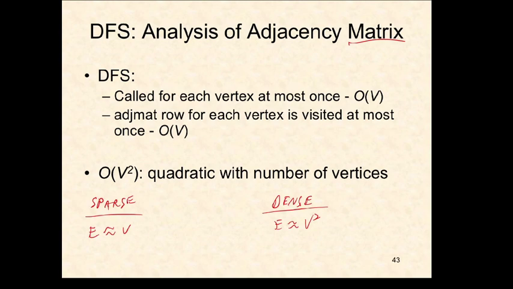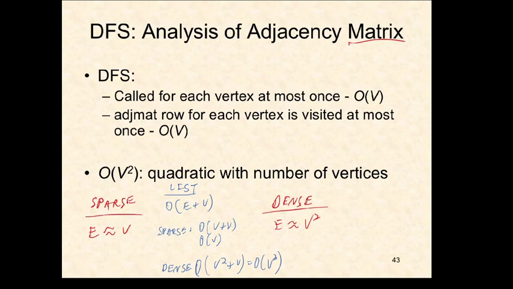If we do the adjacency list, remember the adjacency list was O of E plus V, which with a sparse graph would be O of, well, E is proportional to V, V plus V, which is O of V. But if I did it with a dense graph, that would be O of V squared plus V, which is equal to O of V squared.